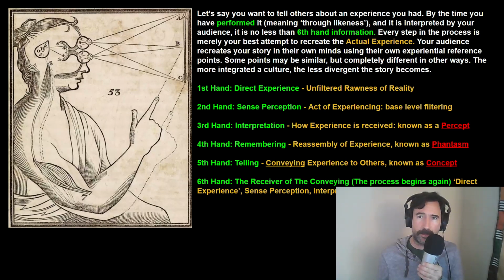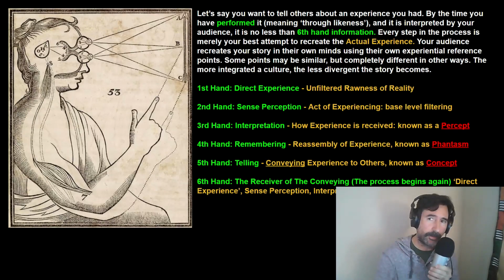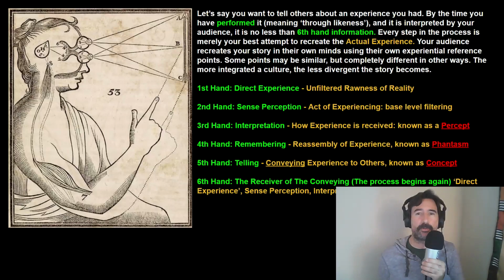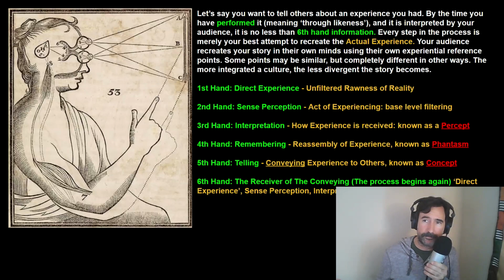Every step in the process is merely your best attempt to recreate this actual experience. So your audience recreates your story in their own minds using their own experiential reference points. Some of those points may be similar, but some may be completely different. The more integrated a culture, the less divergent the story becomes.